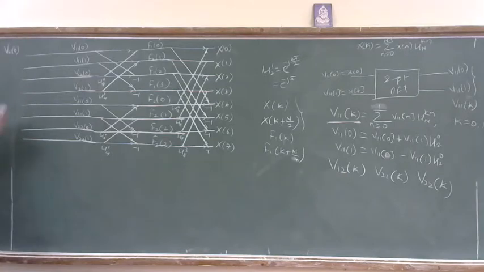Yes. Now this is the first discrete time sample V11 of 0 in the first 2-point sequence. With respect to the 4-point sequence, this will be represented by f1 of 0. In terms of the input sequence, this is x of 0.